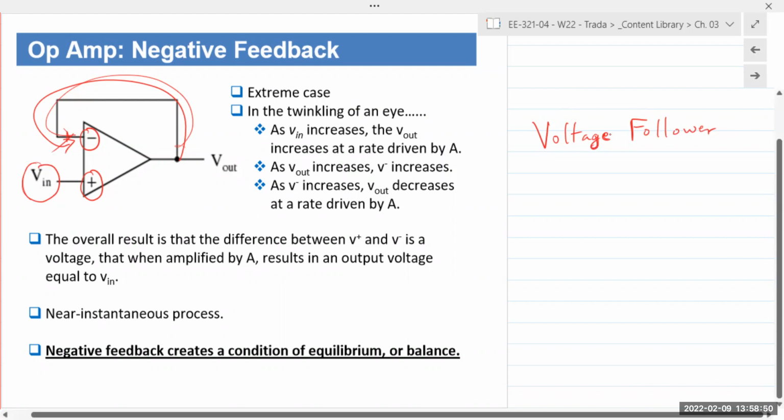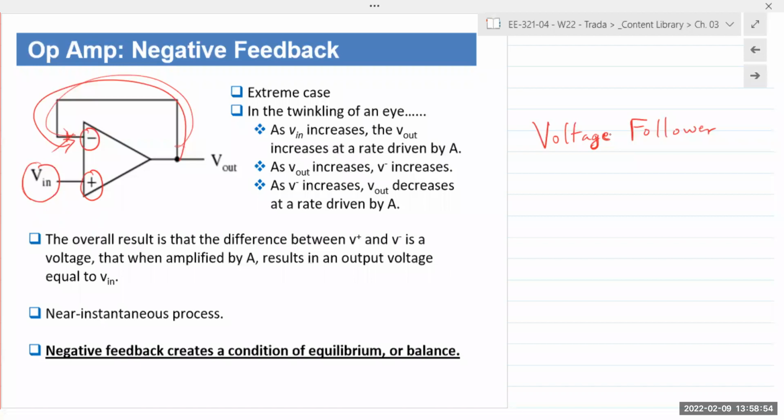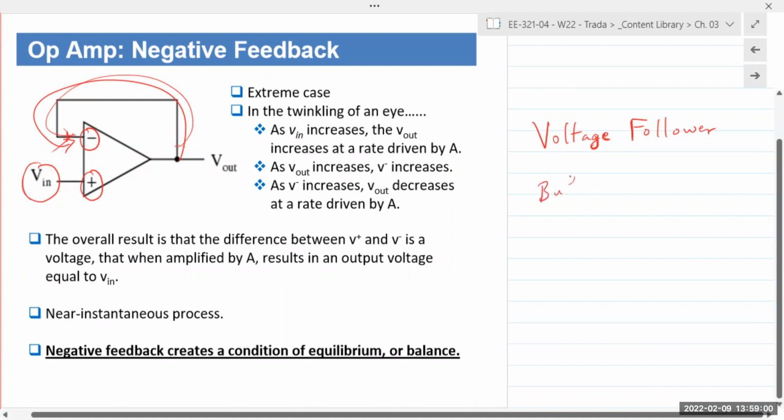So if you have two circuits and we want to separate out the output from the input, we would use this as a buffer in the middle. So this is also known as a buffer or isolation amplifier. It's an incredibly convenient and very powerful, effective circuit to actually separate out the input and the output.